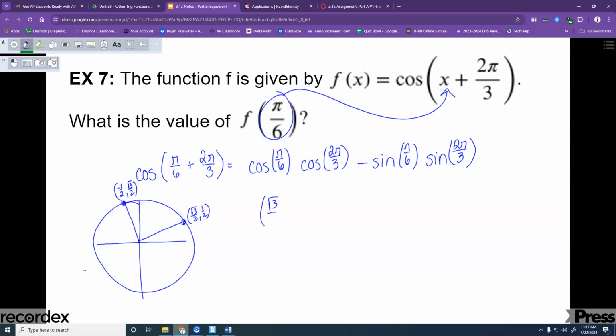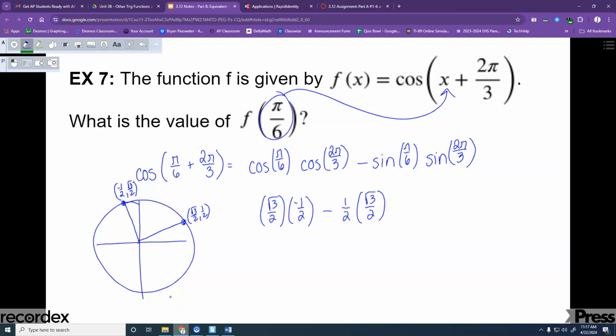That's square root of 3 over 2. Cosine of 2 pi over 3 is negative 1/2. And then we'll get sine of pi over 6, which is 1/2. And sine of 2 pi over 3, which is square root of 3 over 2.